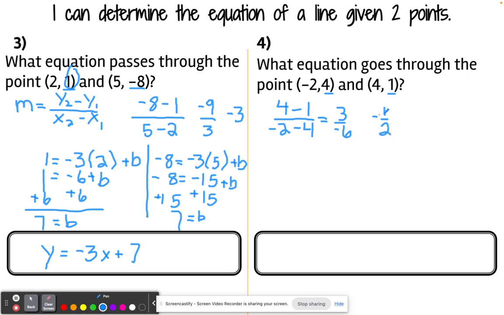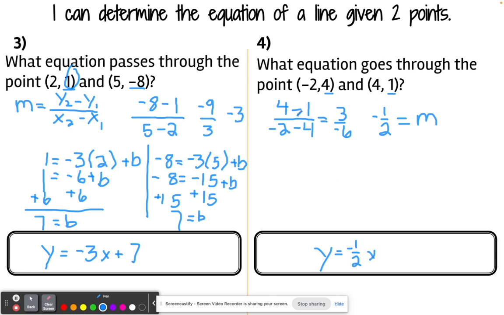So now I just have to solve for b. This is my m. We can even start my equation. I know y is going to equal negative 1/2 x, and I just need to figure out my b.